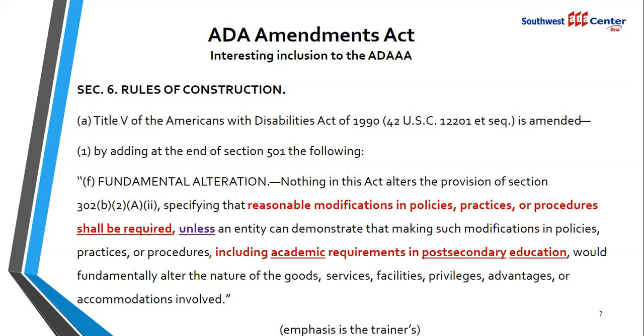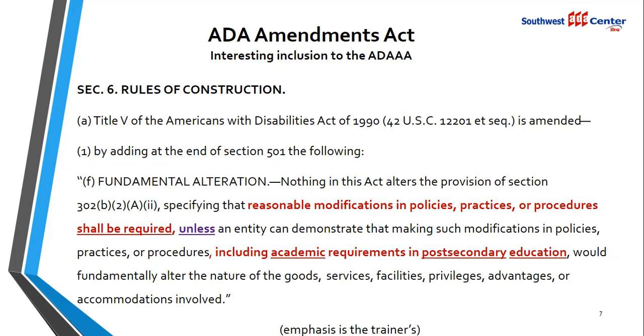So the Amendments Act was addressing that, to bring the ADA back to its original intent of who can seek protection. Now, that really was the intent of the Amendments Act, but this was added to the Amendments Act.